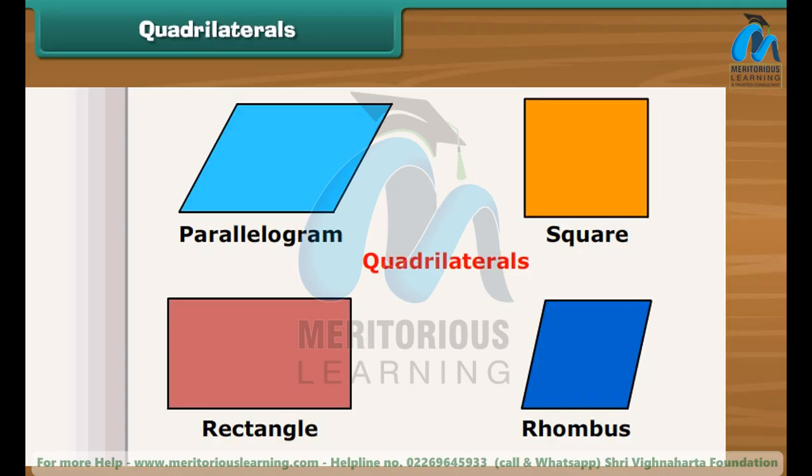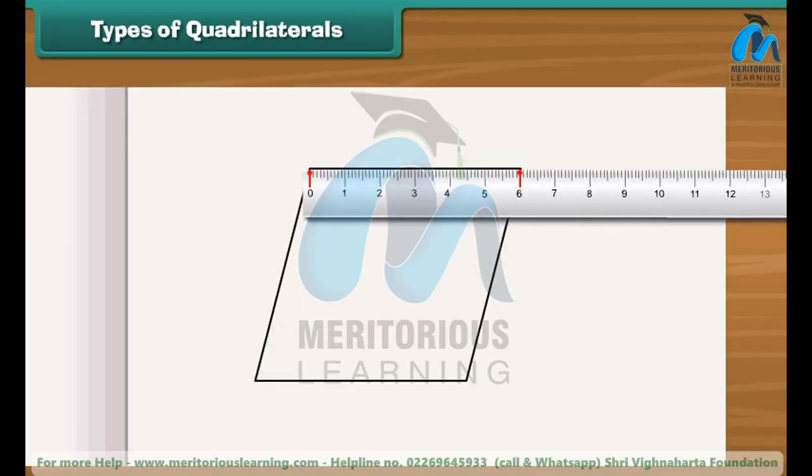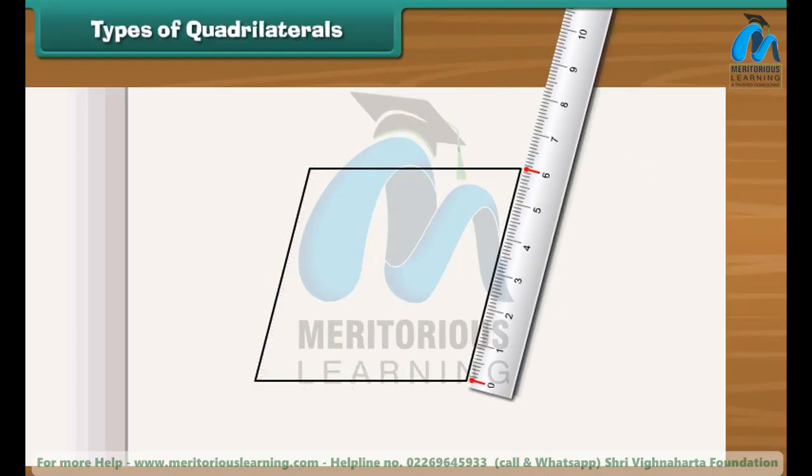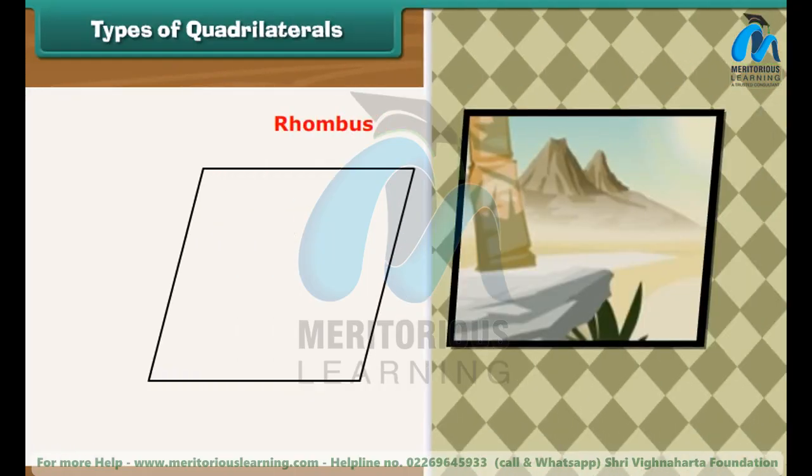Let us discuss each type in detail. A quadrilateral having opposite sides parallel is called a parallelogram. For example, slide is a parallelogram. A parallelogram in which all four sides have the same length is called a rhombus. Look at this painting.